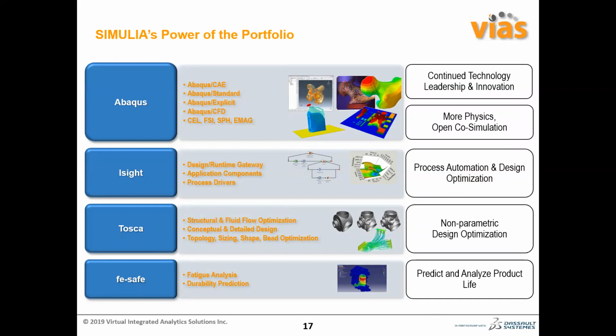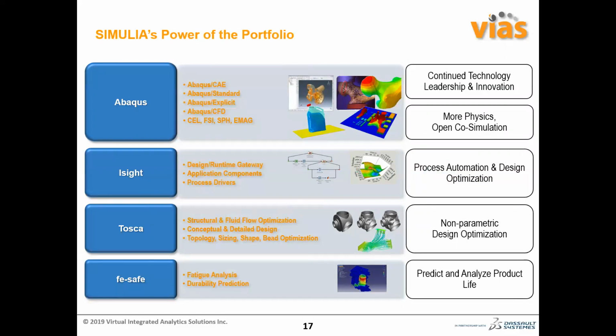It offers four standard modules: Abaqus CAE, Abaqus Standard, Abaqus Explicit, and Abaqus CFD. And it has advanced simulation capability like CEL, the coupled Eulerian Lagrangian method, where you can model fluid flow in the structural analysis system without going to the CFD scenario.